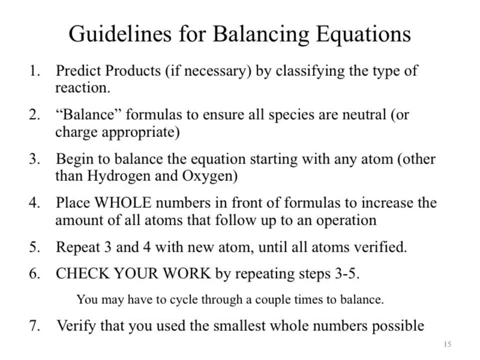The moment that you have not changed any numbers is when you check 3 more times. If after 4 checks the numbers have not changed, then you're good to say you got the correct answer and you're happy. Okay? Very last thing that you can go through and do is verify that you have the smallest whole numbers possible. It's again kind of a rare caveat, but it can pop up.